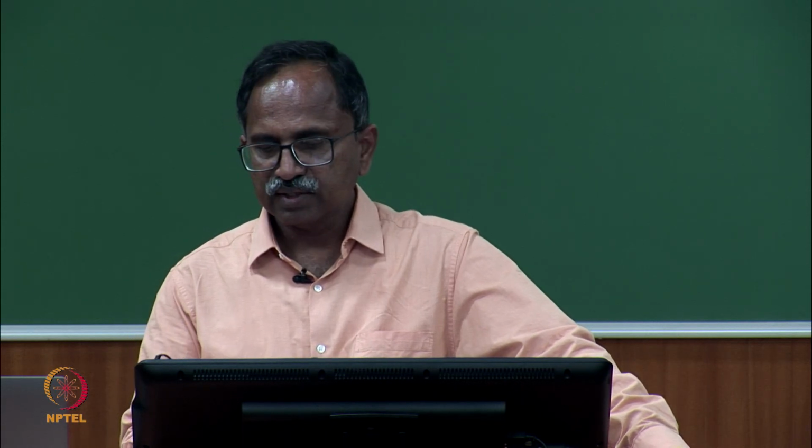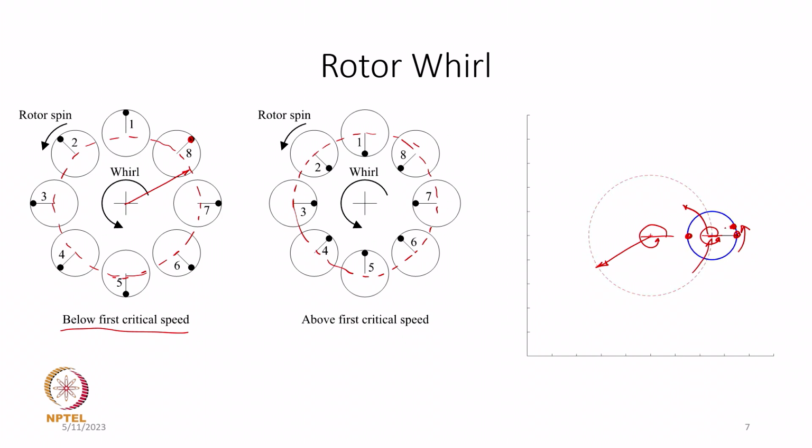The point is, if you start with this as the position of the unbalance, when it comes back here it will be at the same location. The one spin rotation about its own axis and one full rotation about the bearing axis happen with the same time period, that is, synchronously.